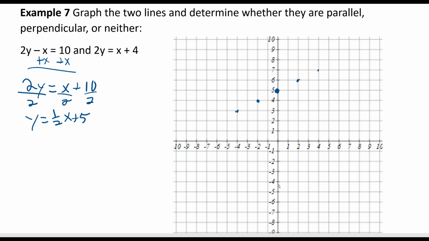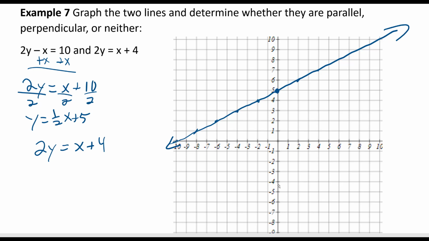And so we're going to get this kind of pattern here. The other one: 2y equals x plus 4. If I divide by 2, y equals 1/2 x plus 2. So the intercept is 2 in this case. Let me change colors.